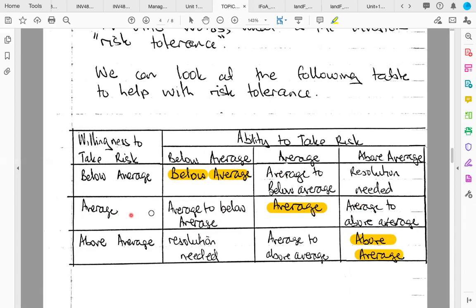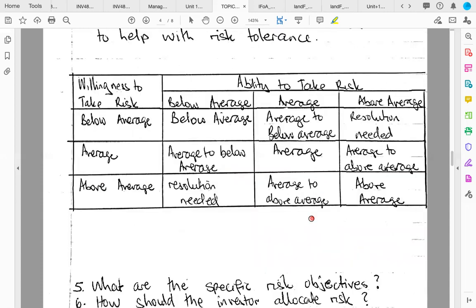Willingness to take on risk is average, ability to take on risk is above average. So risk tolerance is average to above average. So try to familiarize yourself with this table. It's just a guide. You would actually need to see an application of how to determine risk tolerance through a proper example. And that is something that we will do at the end of this class.